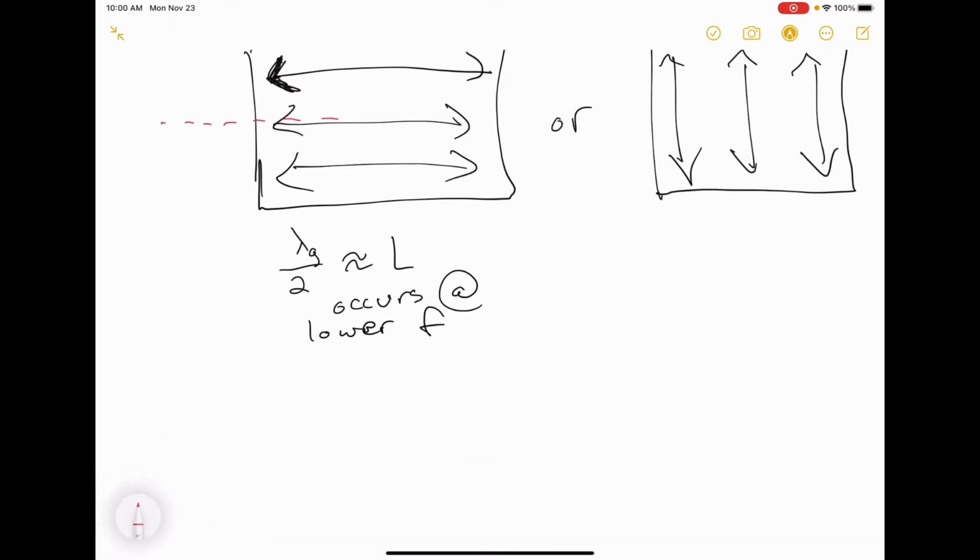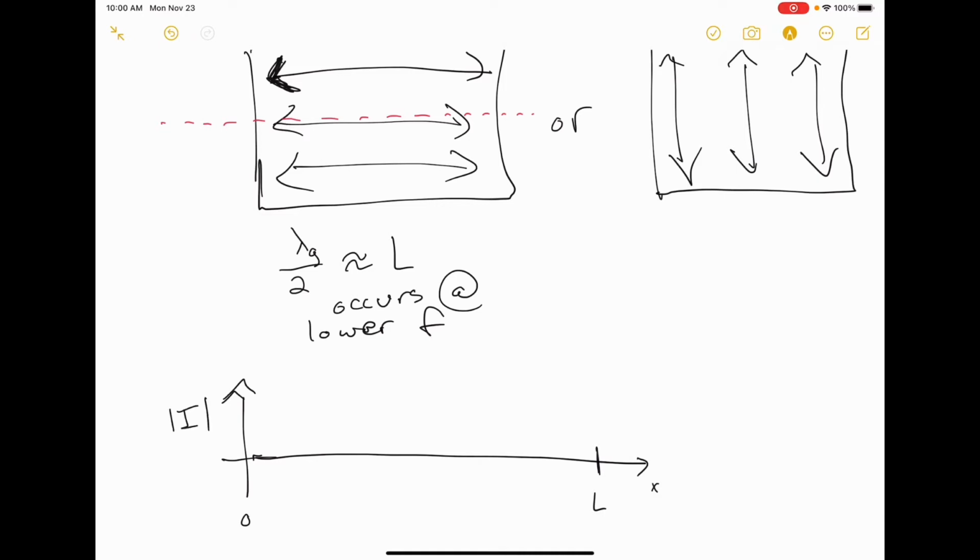Here's a slice. If I take a slice right through the middle and draw a cross section like that, here's 0, here's L. I'm going to make this dimension X, and this dimension the magnitude of J. The current distribution is going to go to 0 at either end and have a peak in the middle.